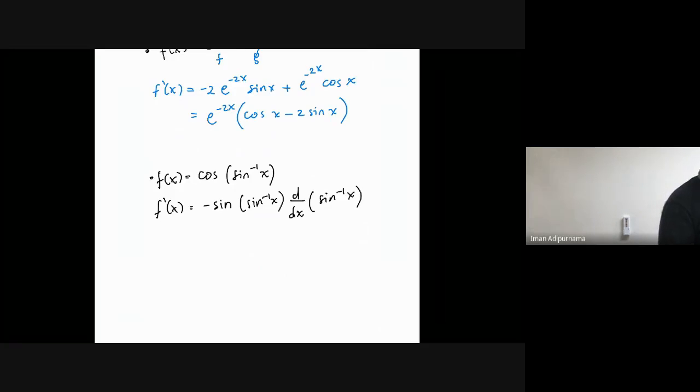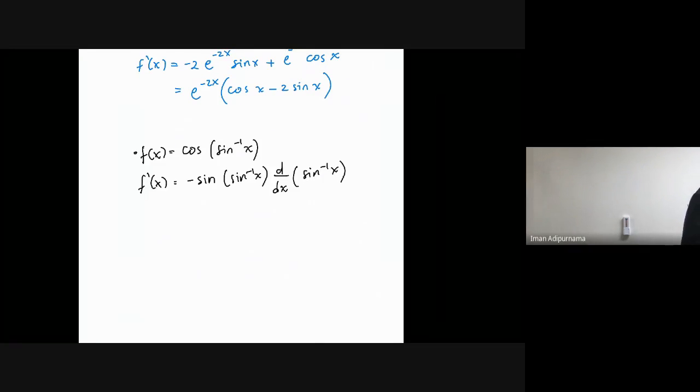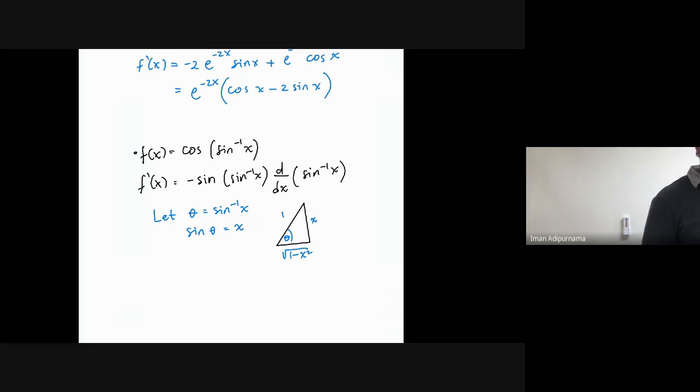Okay, and I will always write down my functions. So if you have this theta, this is x1, and then derive this part.